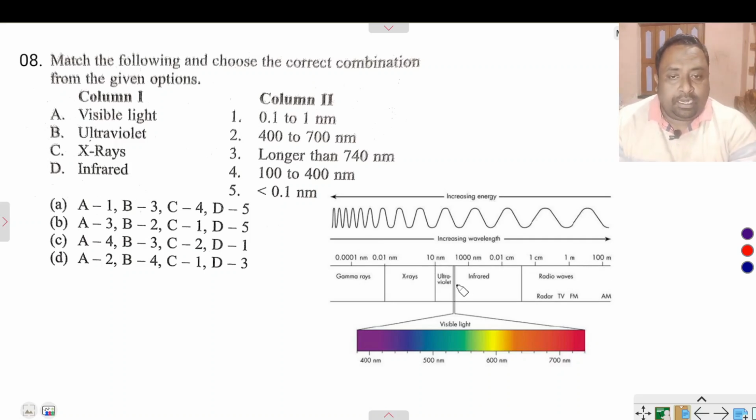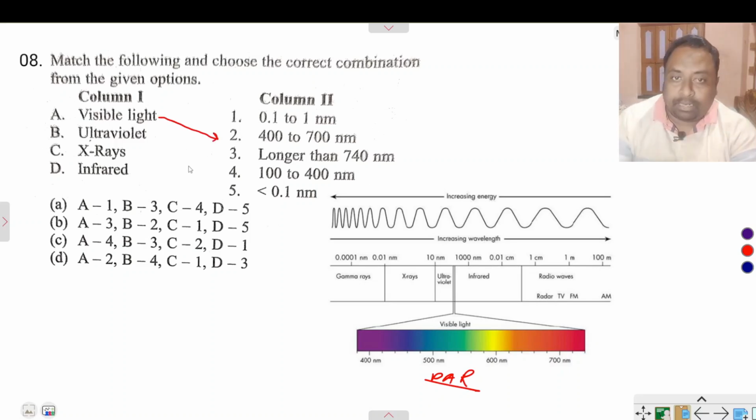So visible light remains between 400 to 700 nanometer. Visible light means the light we observe. This is called PAR, photosynthetically active region of light. Clear?